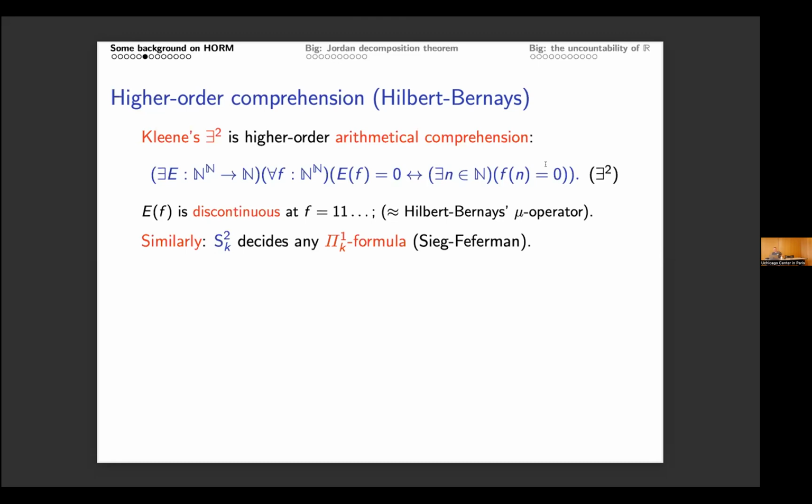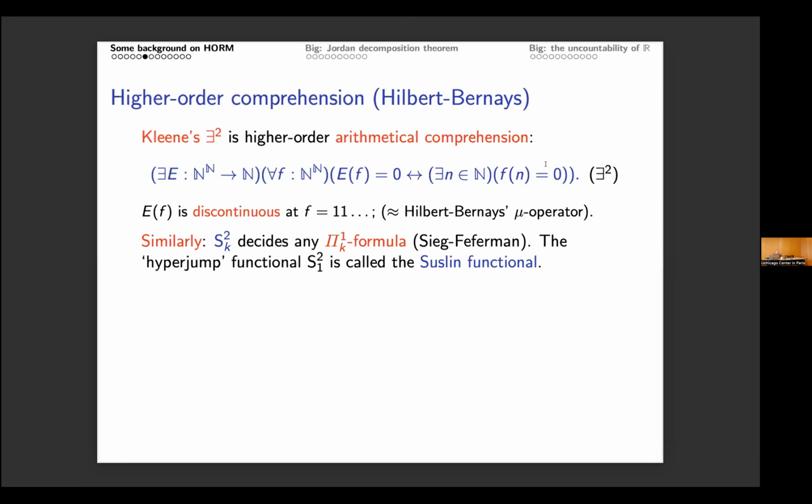Then Feferman introduced, again, essentially S2K, which decides Pi 1 K formulas. Now you have a third order object that takes as input the code, let's say, for a Pi 1 K formula in normal form, and tells you 0 or 1, depending on whether it holds. So E2 can decide arithmetical formulas, and then there's S2K that can decide Pi 1 K formulas.